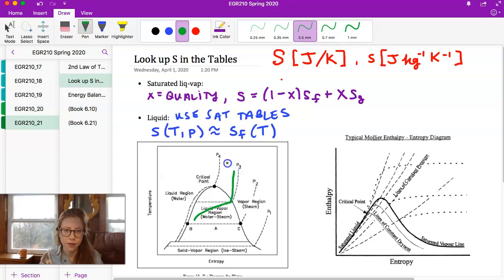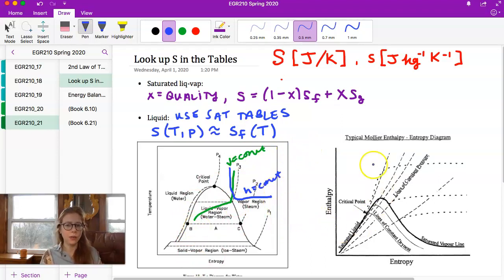And enthalpy being constant would follow a line something like this. This would be H equals constant. Just to give you a sense of how these constant lines look on a temperature-entropy diagram.